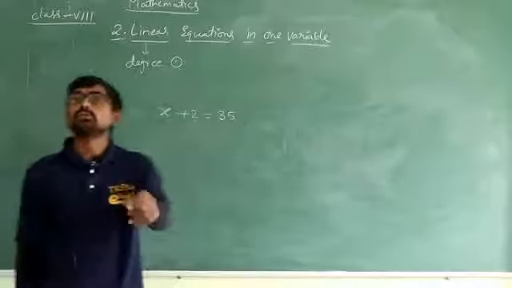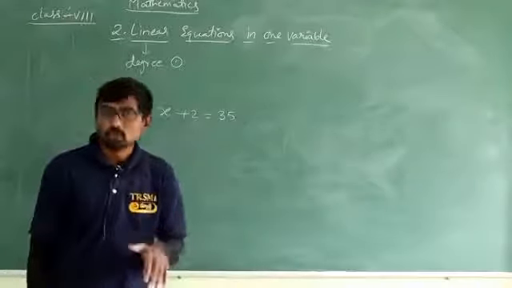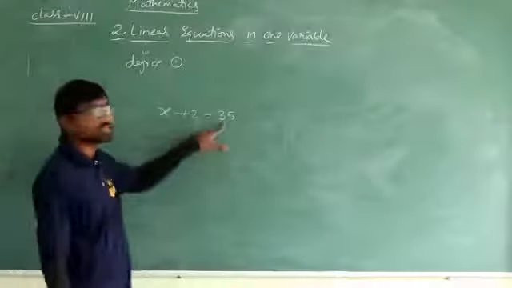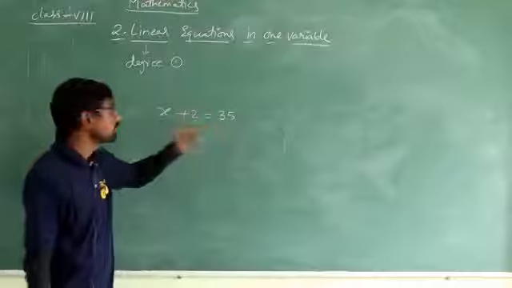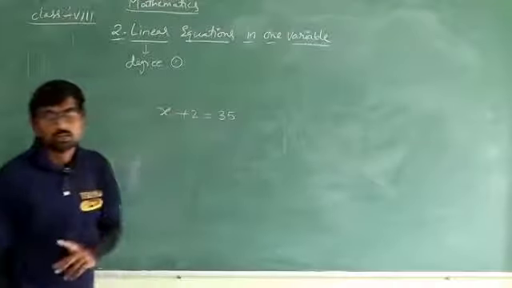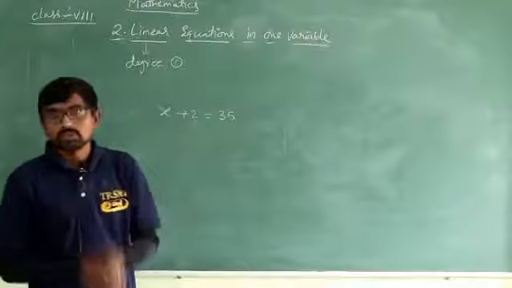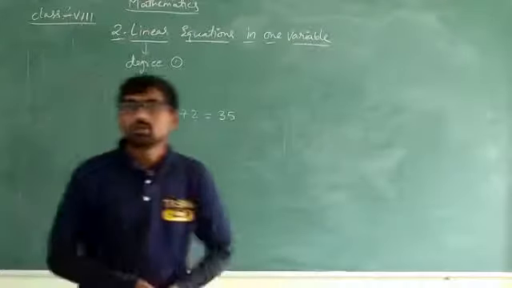I can take A, B, C, any alphabet, but instead of other alphabets, I have taken x. I ask you to add 2 to that number so that you get the answer 35.